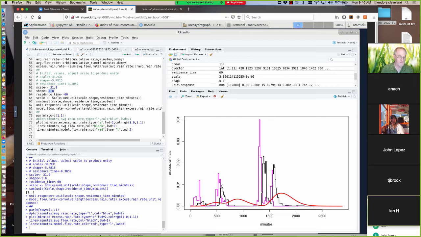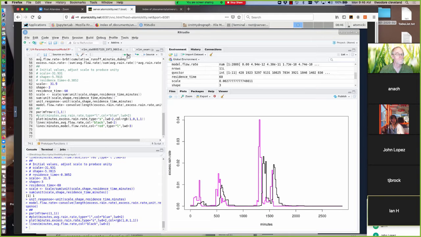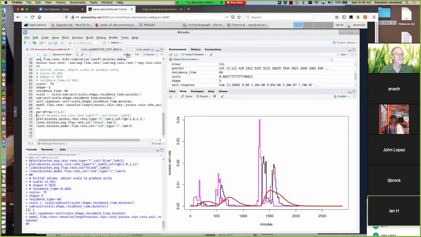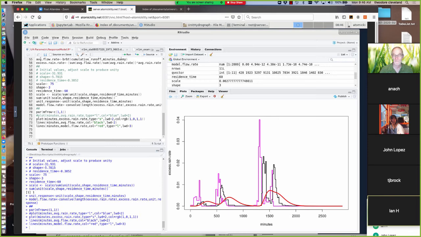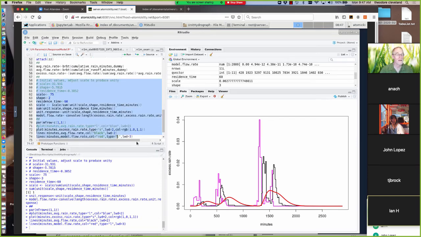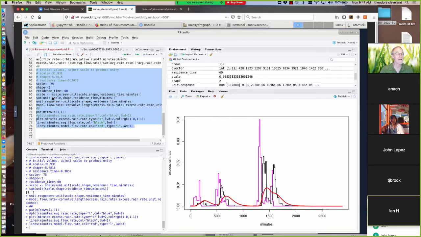So I'm going to reduce my shape to a 3 and see what happens there. And I think my scale needs to be bigger. And like before, I'm pretty much trial and erroring now.